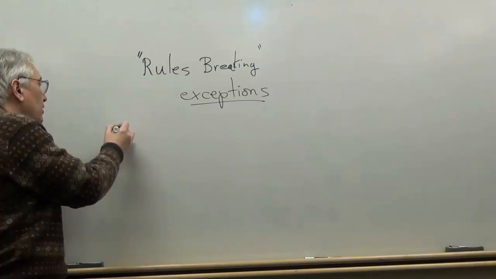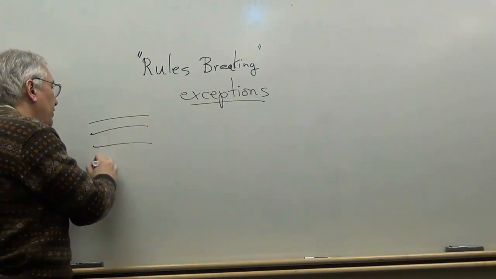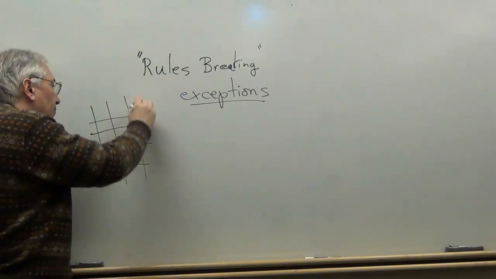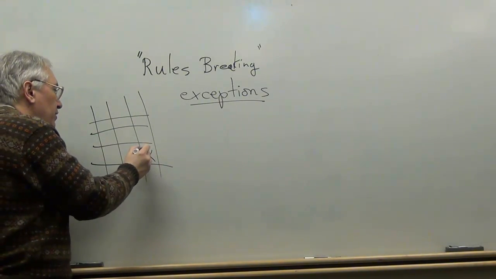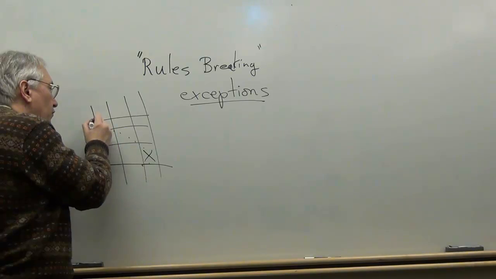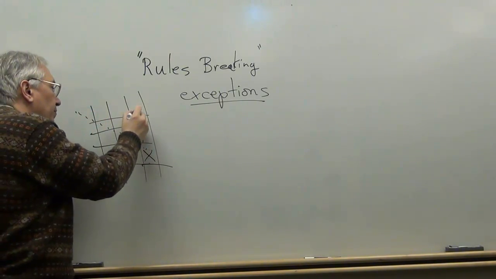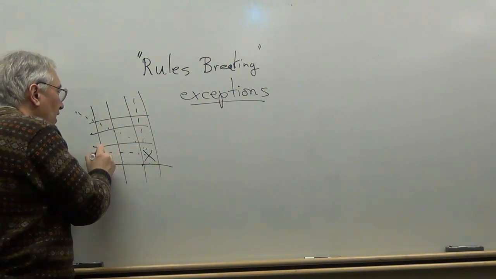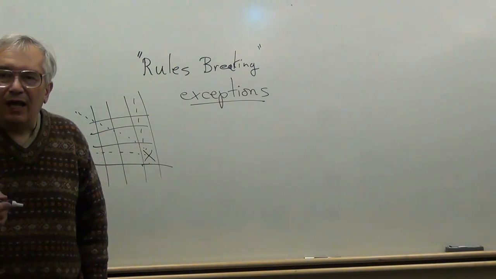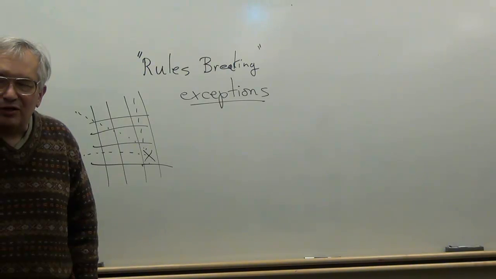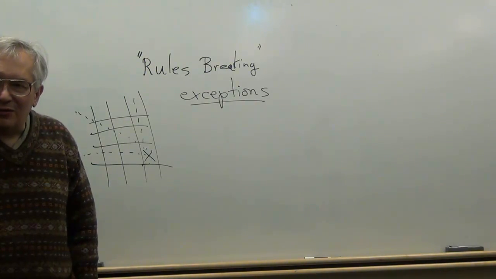Well, the notion in these games is you have a grid, and you have a unit, and the unit, this is a queen, can move from square to square in a straight line. And the directions the unit can move and the distance the unit can move depend on which piece it is.